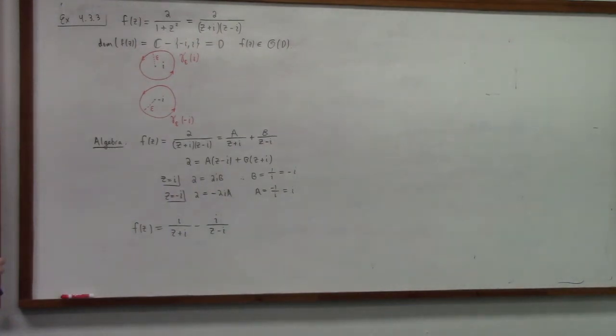You get 2i on the top over z plus i. This is not correct? I got 2i on the top.